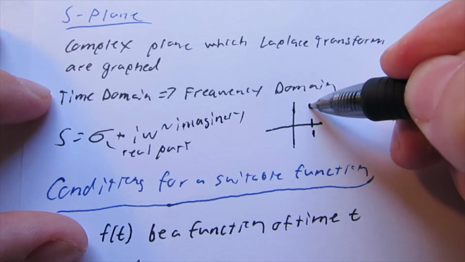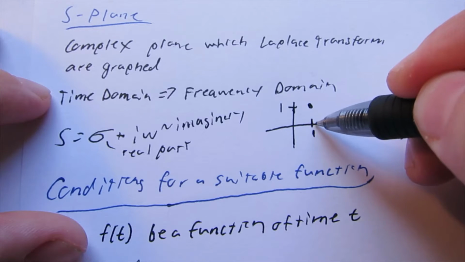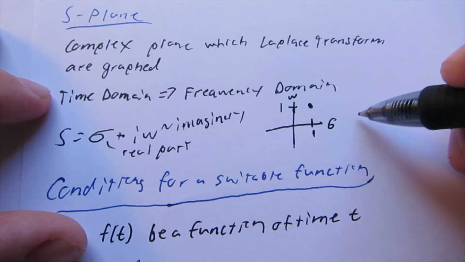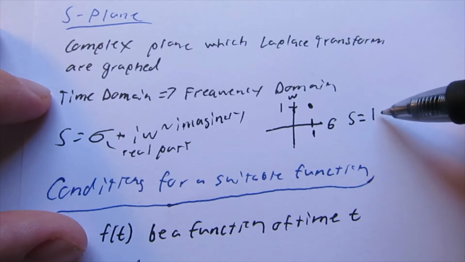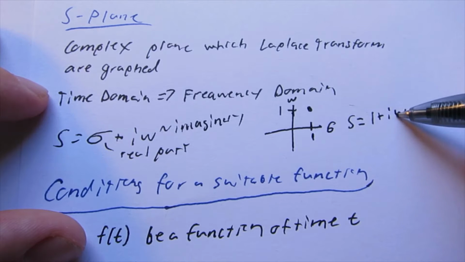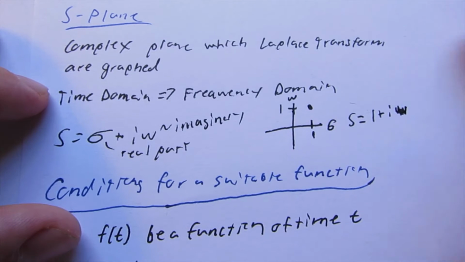We have a point here, and it's at 1, 1. So this is the imaginary, and this is the real. So s would equal 1 plus i, 1 plus i. So the S-plane is kind of difficult to wrap your head around, but you just kind of got to use it a lot.